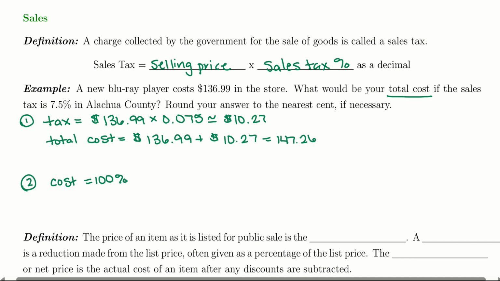We then had an added cost with this sales tax of 7.5%. And so overall, we're paying more than the full price of the Blu-ray player because we have that tax on top of the price. So what we can do is combine these.